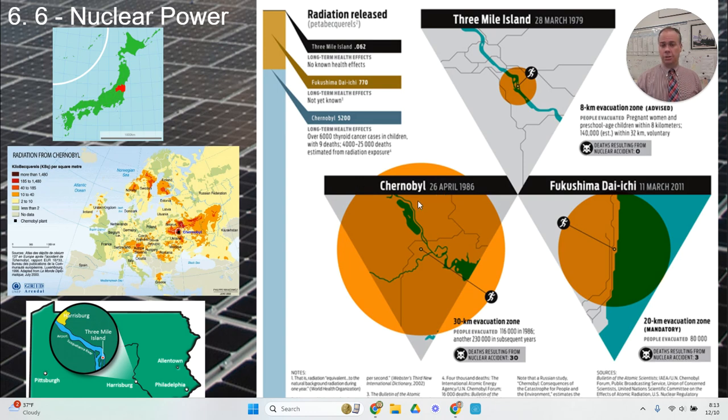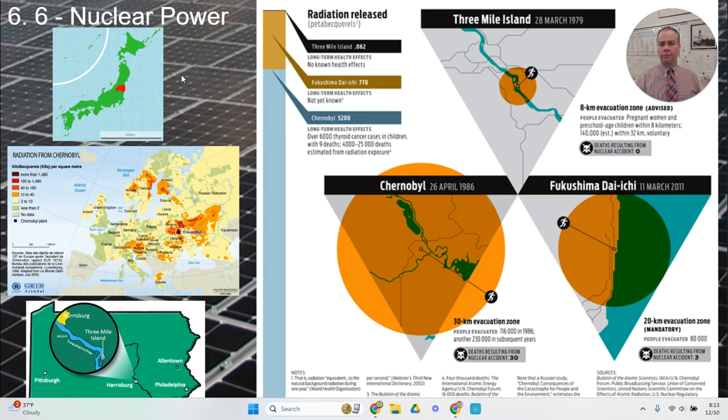Chernobyl was the next major nuclear accident, which you've probably heard of, in 1986 in Ukraine. This led to 30 deaths from the accident and the evacuation of over 100,000 people. This map shows the spread of nuclear radiation after the Chernobyl accident.